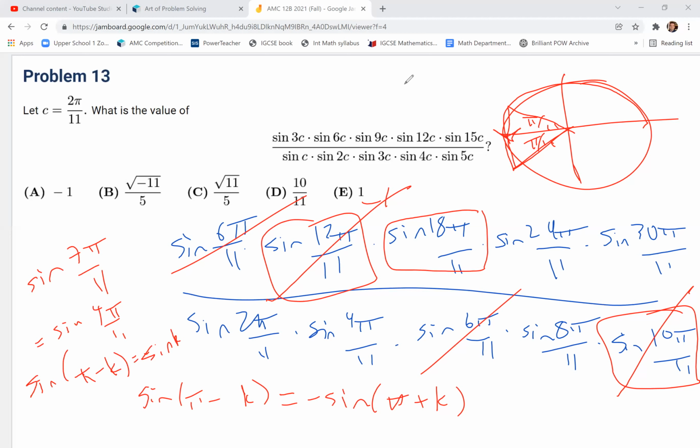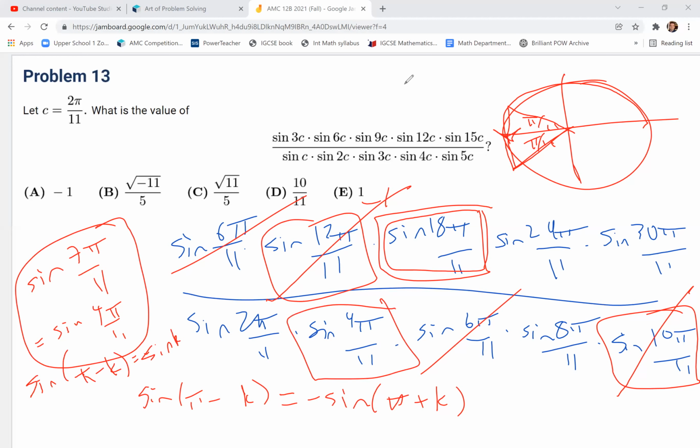And notice how 7 pi over 11 plus 4 pi over 11 would be pi, so these are equal. And remember how we said that this is basically equal to negative sine 7 pi over 11. So this and this are also negatives of each other, so they're going to cancel out and leave a minus 1.